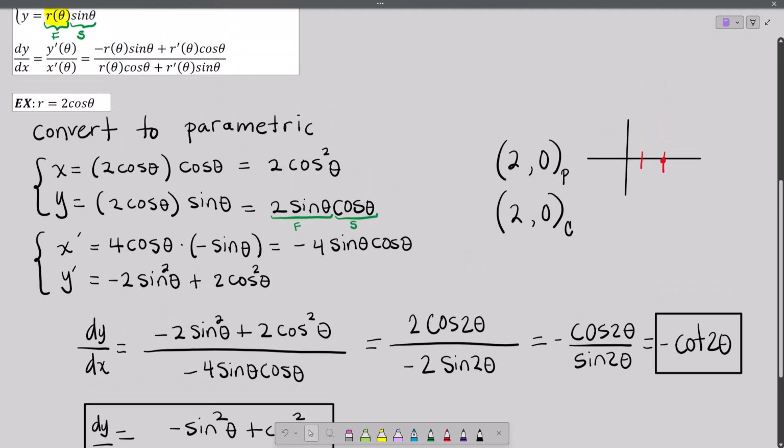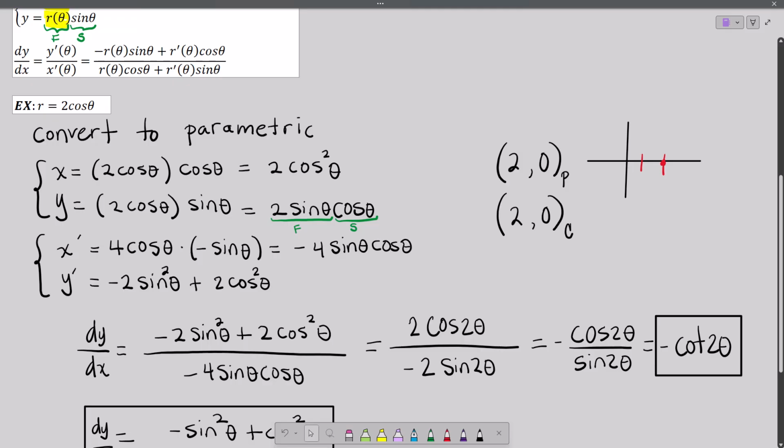Now, we have graphed this today already, so why stop here? The graph of that. Okay, it's a constant times sine or cosine. That means it's a circle tangent to one of the axes at the origin. Let's plot 2 points. So when theta is 0, we just plotted the point. When theta is pi over 2, cosine of pi over 2 is 0, that plots the origin.